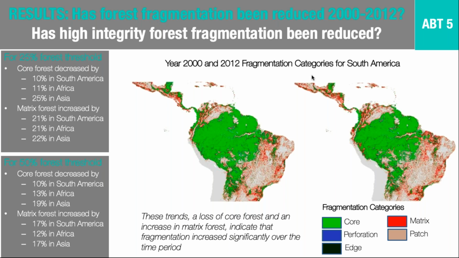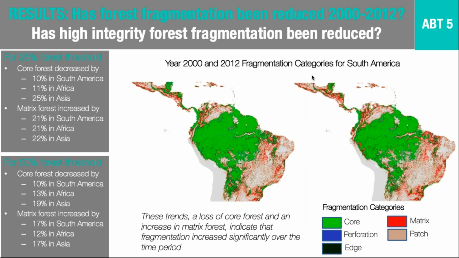So, the question: has fragmentation been reduced from 2000 to 2012? Results for South America indicate that fragmentation has increased. For example, using a 25% forest threshold and assuming an edge effect distance of 500 meters, core forest in South America, Africa, and Asia decreased anywhere from 10% to 25%.